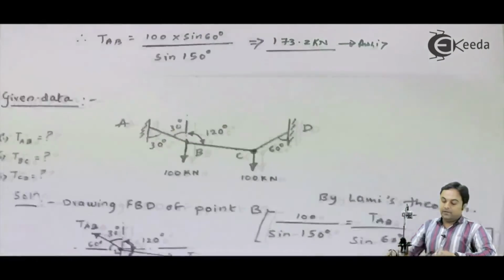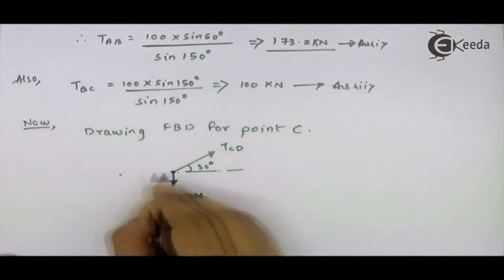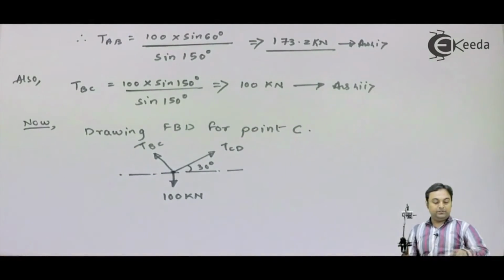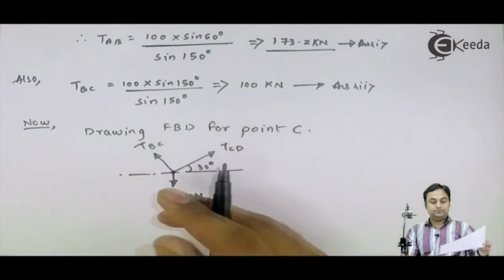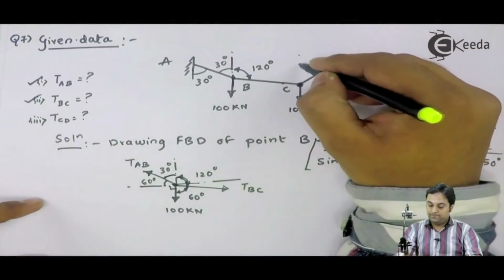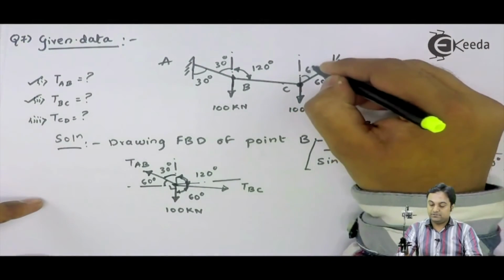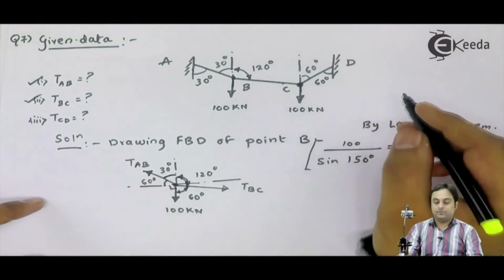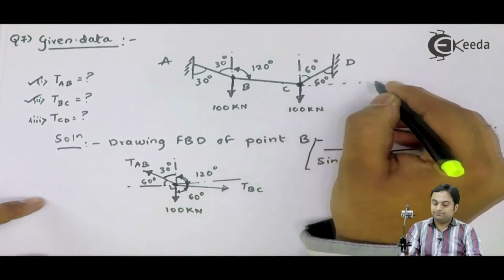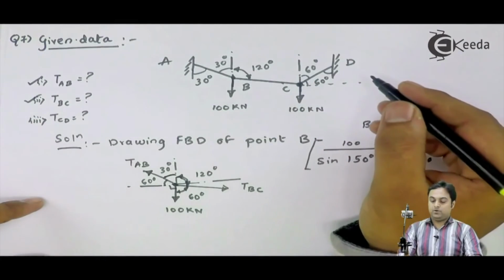Next, at point C we even have BC, tension in rope BC. Now I need to know the angle here. So if I can explain this to you all, here I have a vertical line. If this is 60, even this angle becomes 60 degree. Then here I already have this angle as 30 degree. Okay.